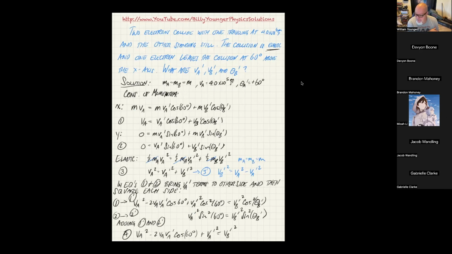Can you recall what that would be? Can you repeat that last sentence? Yeah, in equation 3 that we see right here, we have some quantity VA squared is equal to some quantity VA prime squared plus another quantity VB prime squared. Do you know of anything where one number squared is equal to the sum of 2 numbers squared?